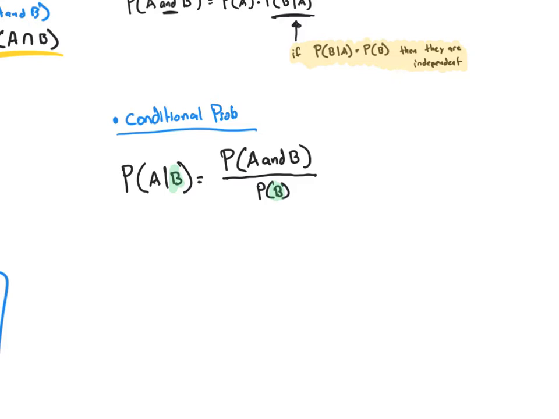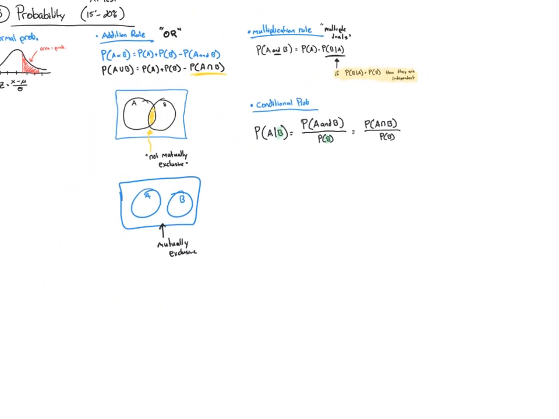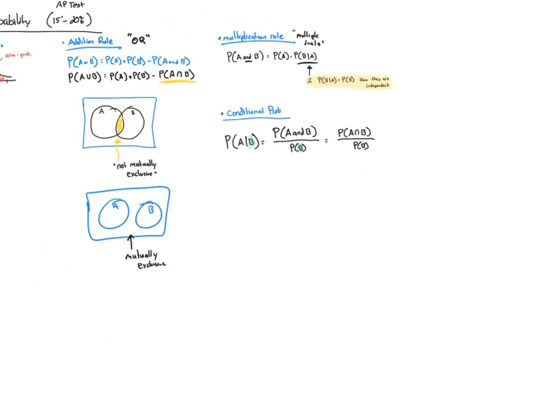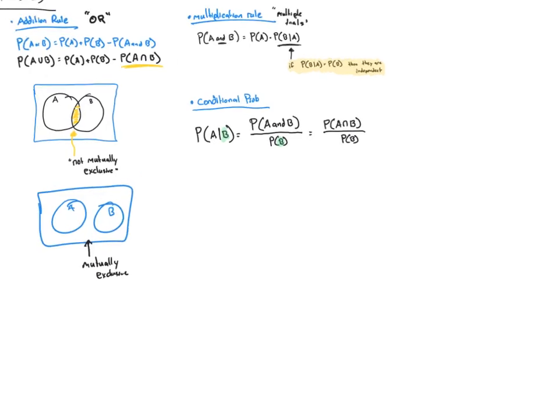Okay, but here's some other form that you might see it in. It's a probability of A intersection B, right? That's how they like to say it sometimes, over the probability of B. These are saying the same thing. I'm just giving you a different notation on that conditional probability, right?